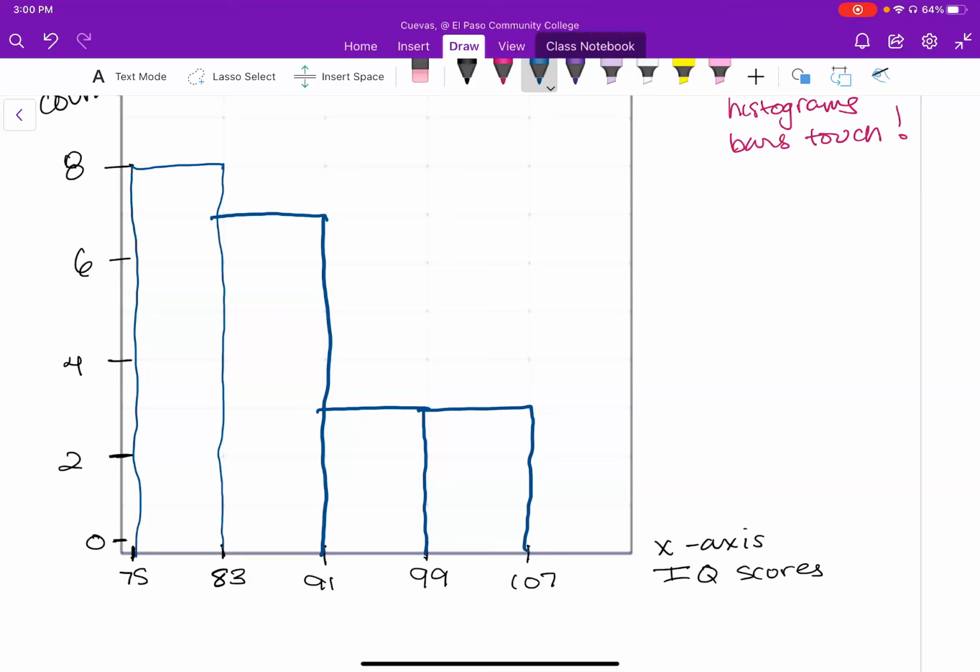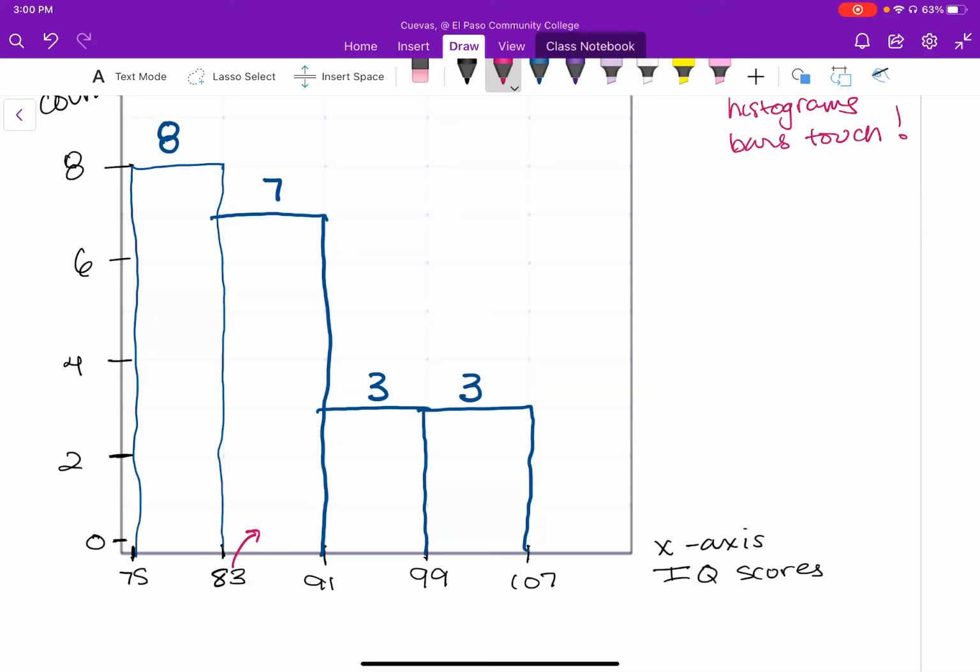Like we did last time for our bar graph, let's go ahead and label our bars so that the reader can easily take a look. And this is one of the observations that I wanted to point out. Sometimes some books, some instructors don't want you to use 75 because, actually, let's look at 83. 83, if you remember, belongs to this bar here.